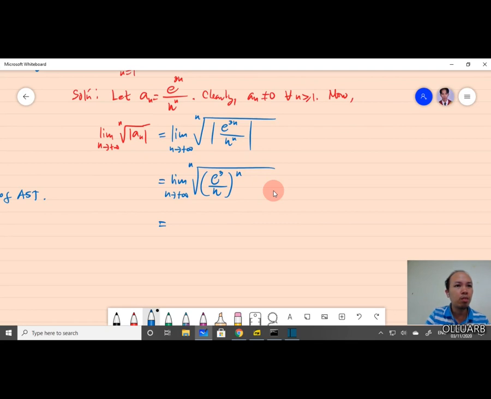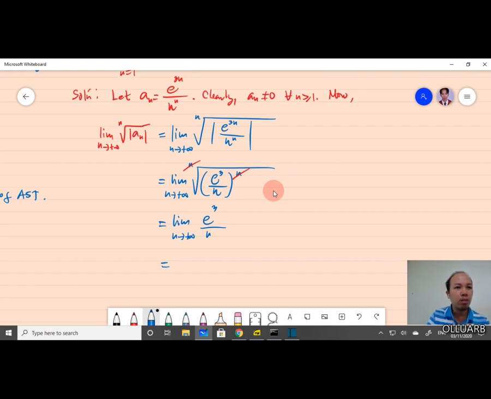This is equal to the limit. We can cancel out our n here. The limit of e to the 3 over n as n approaches positive infinity.